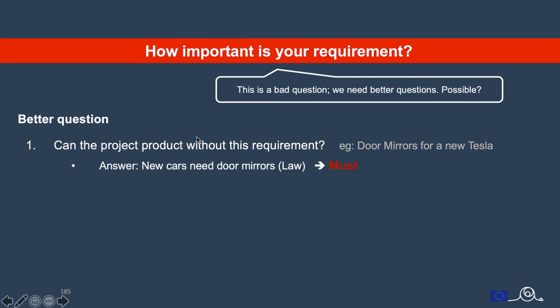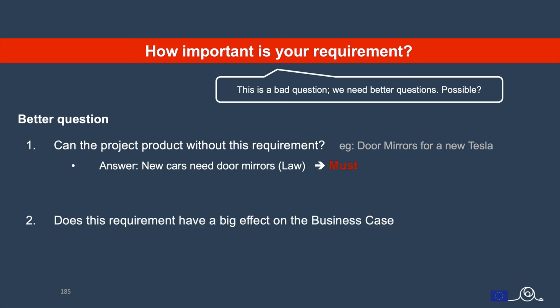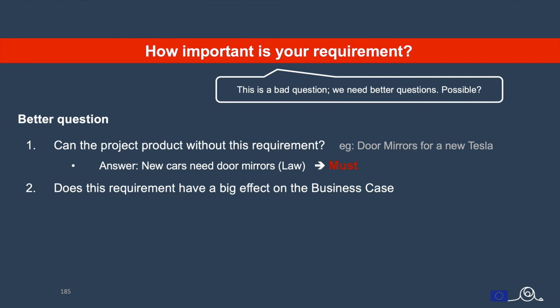And the answer is new cars need door mirrors because it's a law. So we cannot sell the cars in the US or other countries if they don't have a door mirror. So door mirrors are a must. Okay, that's how we see it. Good. You got the hang of that, I think. Next one then. Does this requirement have a big effect on the business value?